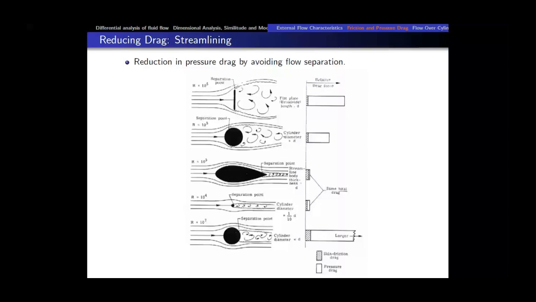Skin friction drag is only maybe 1 to 5% of the total drag, right? You can see the shaded region even here is very small as compared to this non-shaded region, right? So in designing any object, in the case of external flow, we want to reduce the pressure drag. That's why we put dimples on the golf ball, because dimples on the golf ball would reduce the pressure drag.